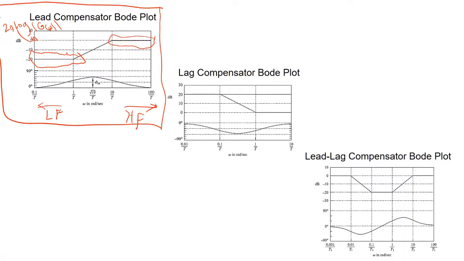Okay, so a lead compensator is a high pass filter, and exactly opposite of that, you're going to see later, the lag compensator is a low pass filter. It has high magnitudes for low frequencies and small magnitudes for high frequencies. So it damps out high frequencies, so it's a low pass filter. So this guy is a high pass filter.